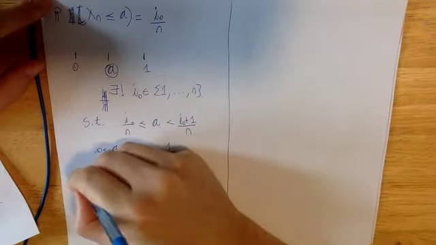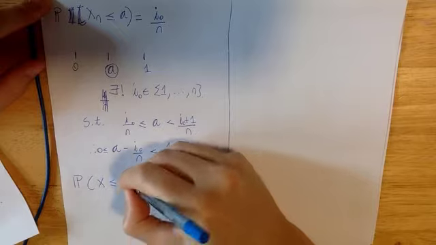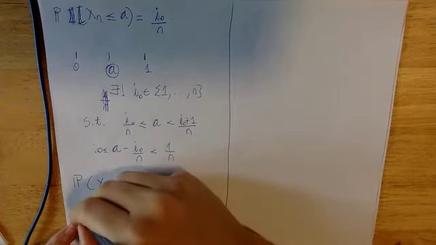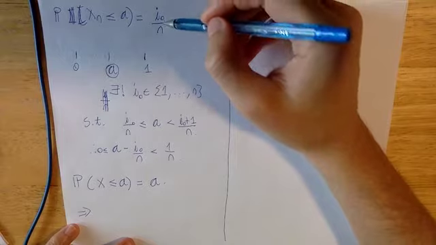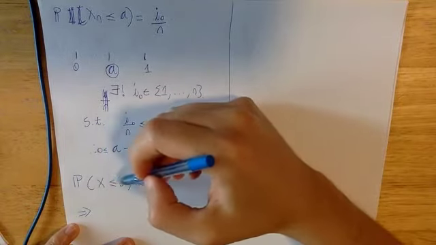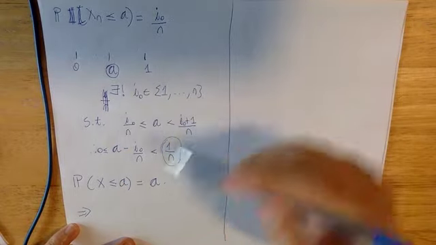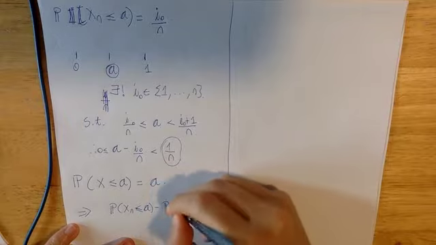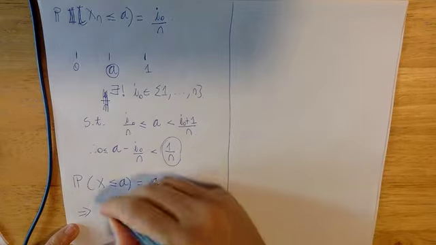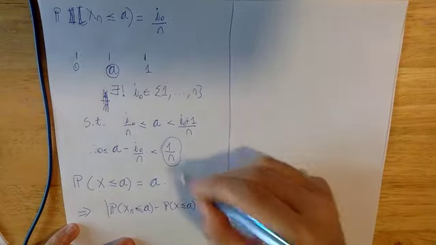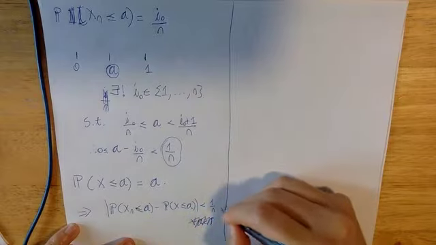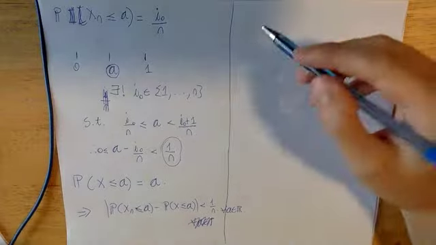But if we look at the probability that X is less or equal than A, X is uniform in 0, 1, so this is going to be equal to A. So the probability that Xn is less or equal than A minus the probability that X is less or equal than A, in absolute value, is going to be less than 1 over n for every A. So taking n to infinity, we can show that this is converging in distribution.